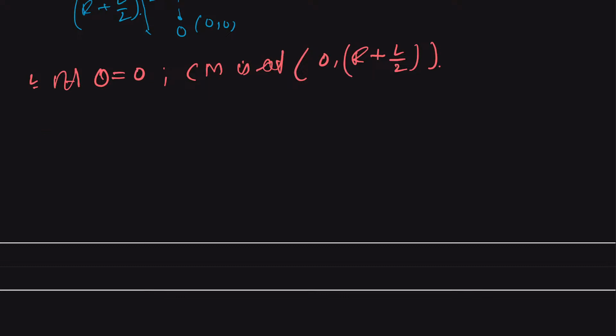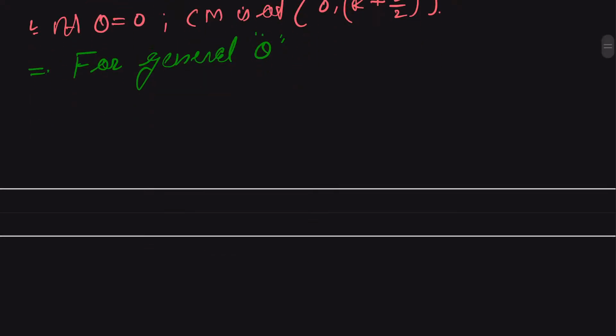Therefore, for general theta, we can write that radial offset, which means that it rotates through a radial vector of length R plus L by 2.